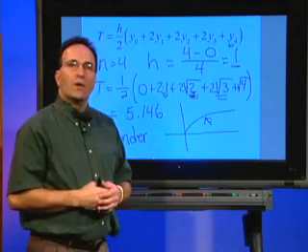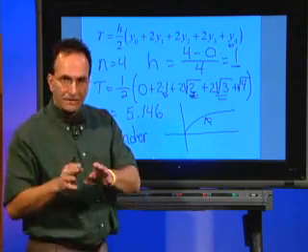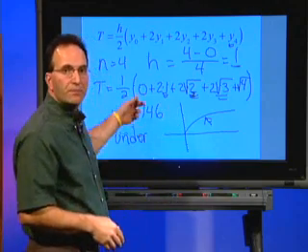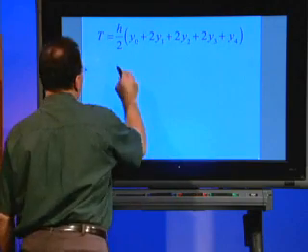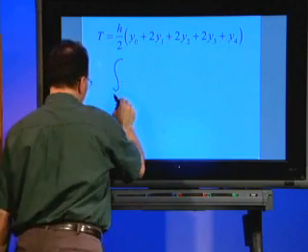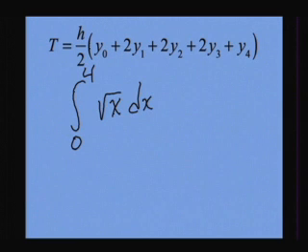The last thing that we want to do, or the final step in this, was to evaluate the integral exactly. So let's take a look at what that would be. So we're going to take the integral from 0 to 4 of the square root of x dx.